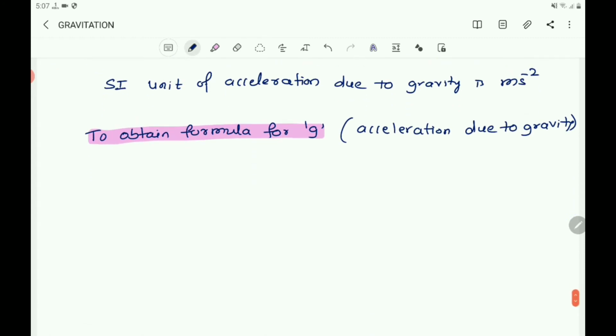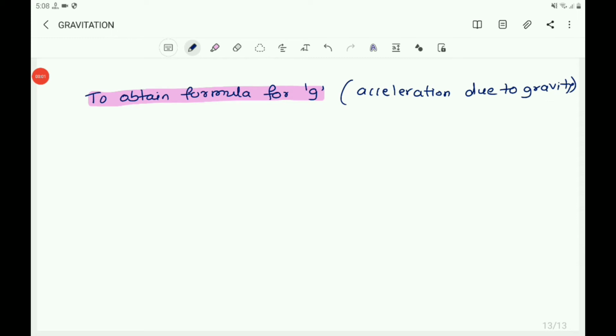Now here, to obtain the formula for the acceleration due to gravity, we have to take the help of the second law of motion and also the law of gravitation. According to the second law of motion, force is the product of mass and acceleration.